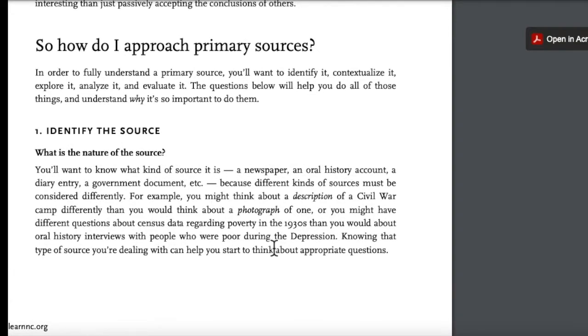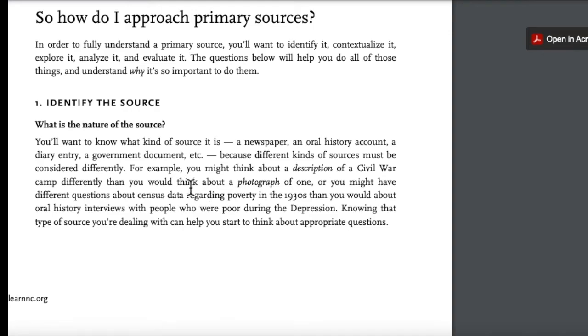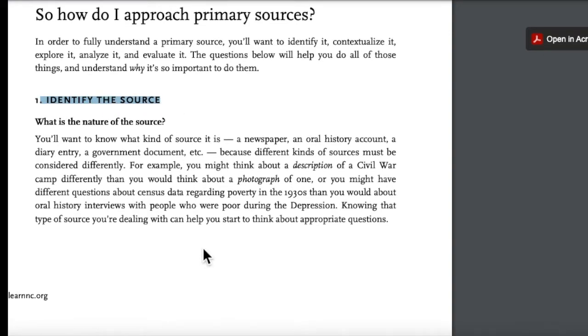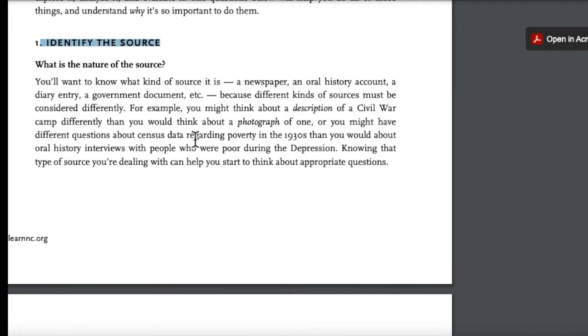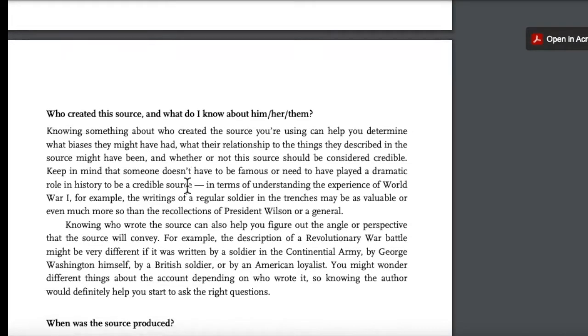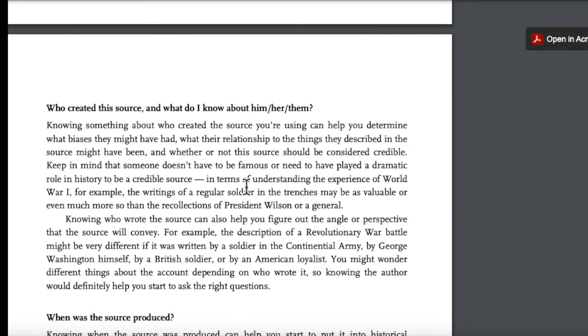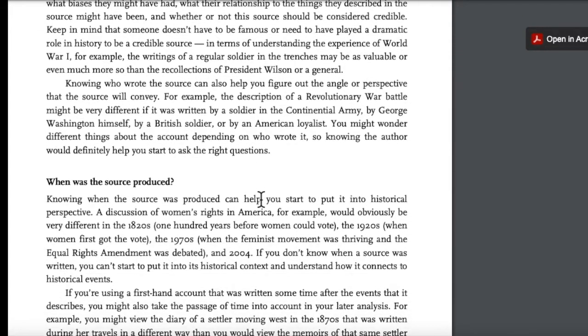So that's pretty straightforward. But for example, when you look at identify the source, I'm just going to use this as an example. It has to do with what is the nature of the source, and she explains that, who created it, and what do we know about this person who created the source.